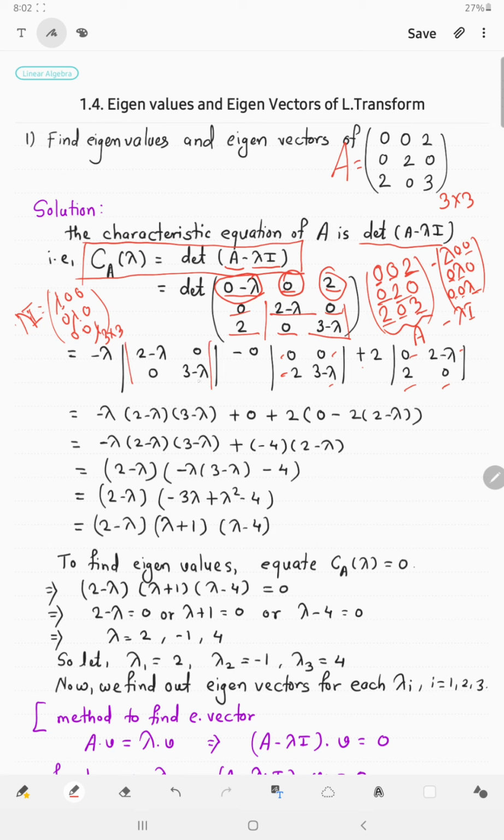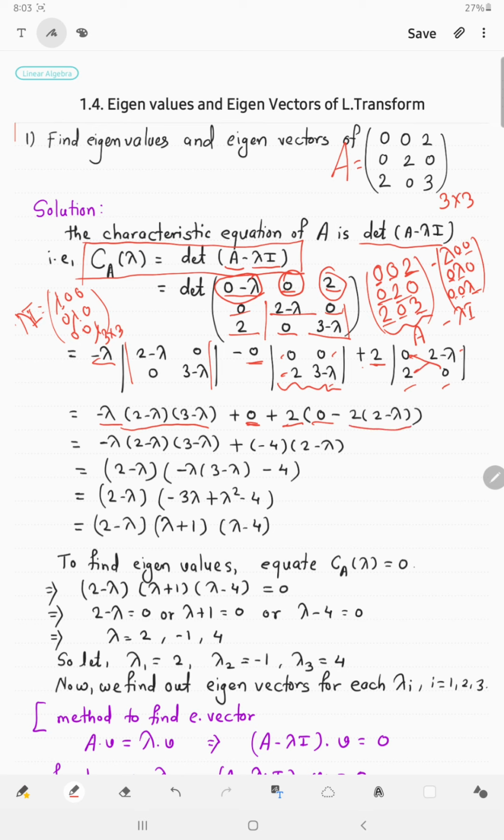Now we will find the determinant of these matrices. So 2 minus lambda into 3 minus lambda minus 0, so it is 2 minus lambda into 3 minus lambda, and this is multiplied by minus lambda. Now here, as it is 0, we don't need to find this determinant, so we can directly write the output as 0. Now this is 2, so 0 into 0 is 0 minus 2 into 2 minus lambda.